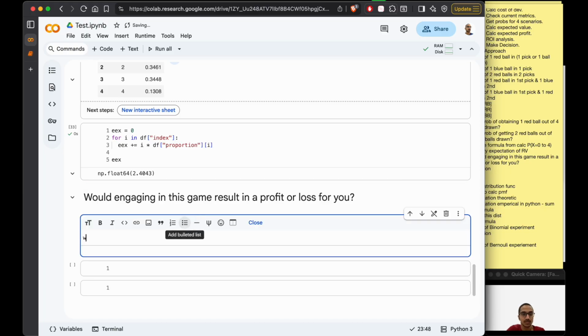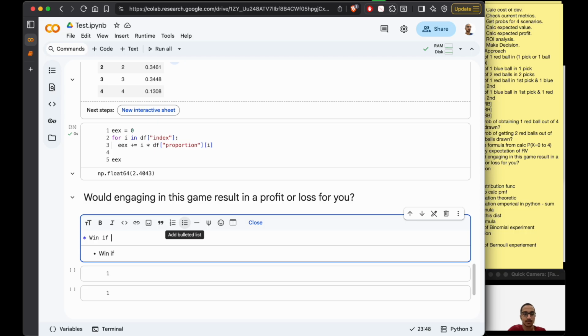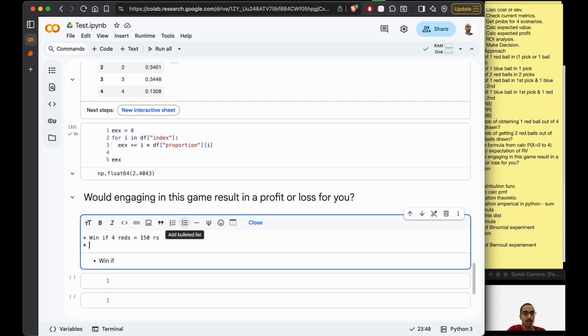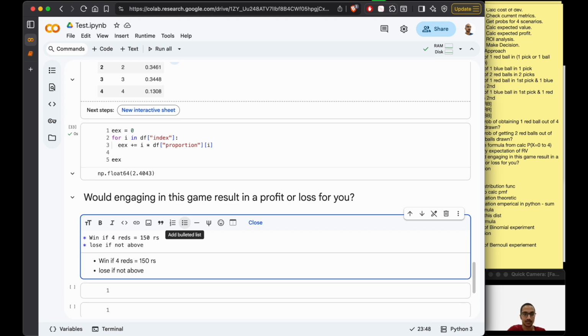I'll win if 4 reds, and my win amount is 150 rupees. If not 4 reds, I will lose 10 rupees.